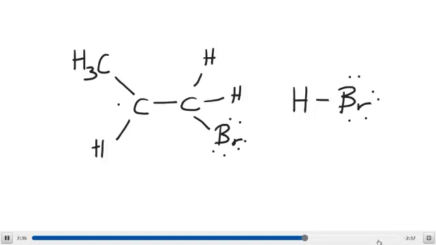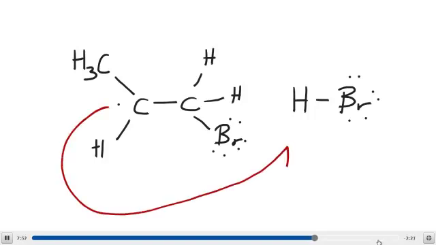But I need somebody. Now, hydrogen's smaller than bromine. So I'm going to take the hydrogen atom and make a bond to this carbon. Again, I need one electron. I don't need none. I don't need two. I just need one. So this electron will pair up with one of the electrons from this HBr bond and take the hydrogen with it. The other electron just has to go to the bromine.